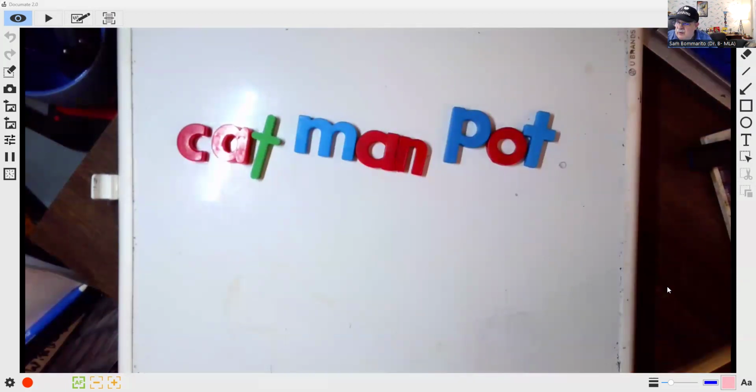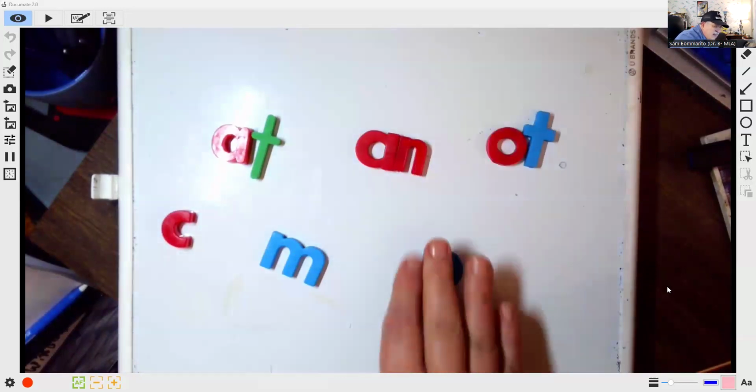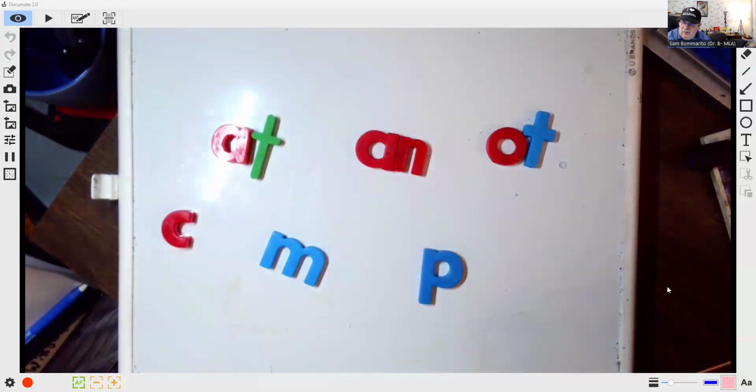I would like for you, when you're playing with your letters, as long as you have them, to start each time you play with them by remembering your 3 chunks and then adding different letters to them to make new words, and see how many words you can make with all the chunks.